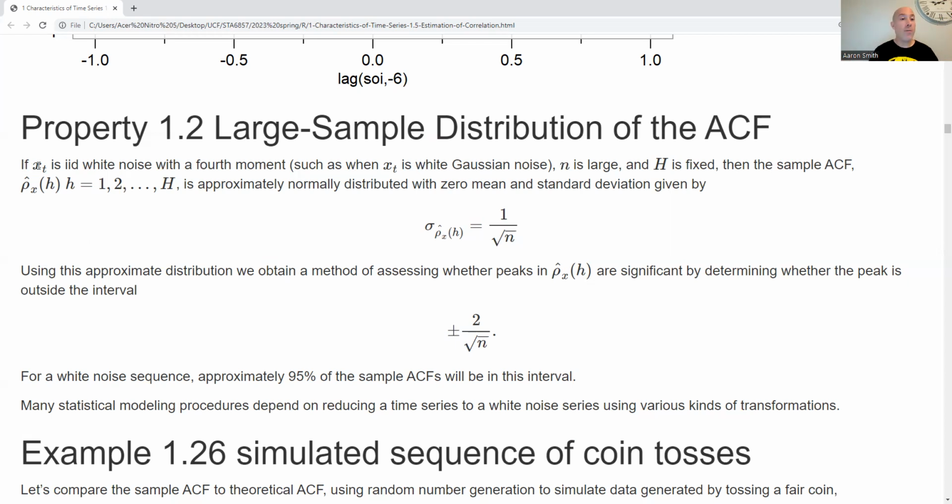All right, so if we're dealing with IID white noise with a fourth moment, so when I say it has a fourth moment, I'm also saying it has a first, second, and third moment. An example of this is white Gaussian noise.